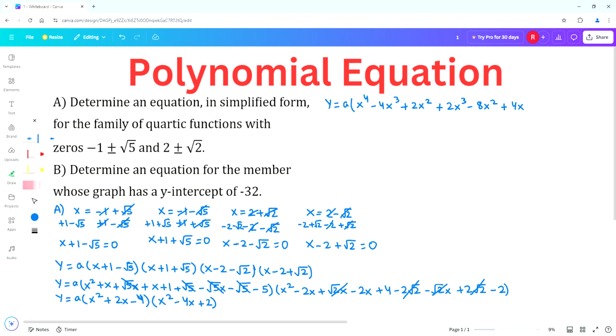Negative 4 times x squared is negative 4x squared. Negative 4 times negative 4x is positive 16x. Negative 4 times positive 2 is negative 8. Now we can combine like terms in the parentheses.